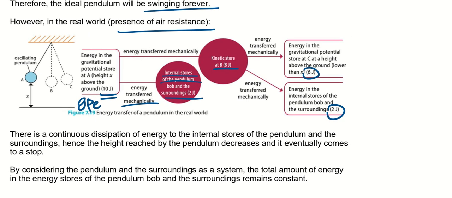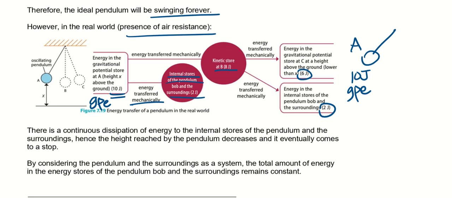Maybe I'll draw it here. So this is A. I have 10 joules of energy in a gravitational potential store.